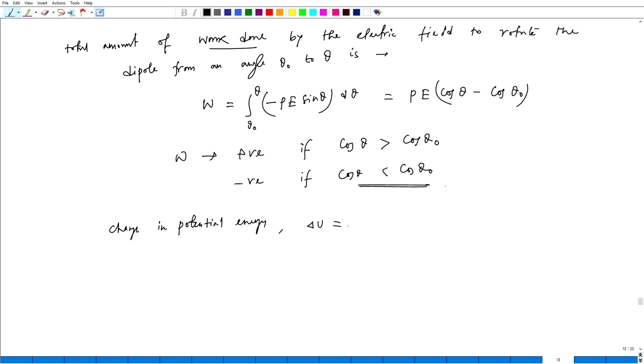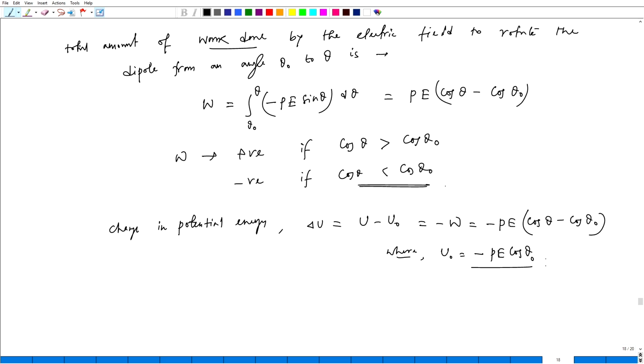So, the change in potential energy, delta U, is U minus U naught, and this is minus W. So, this is minus p E cos theta, plus p E cos theta naught, where U naught is minus p E cos theta naught.